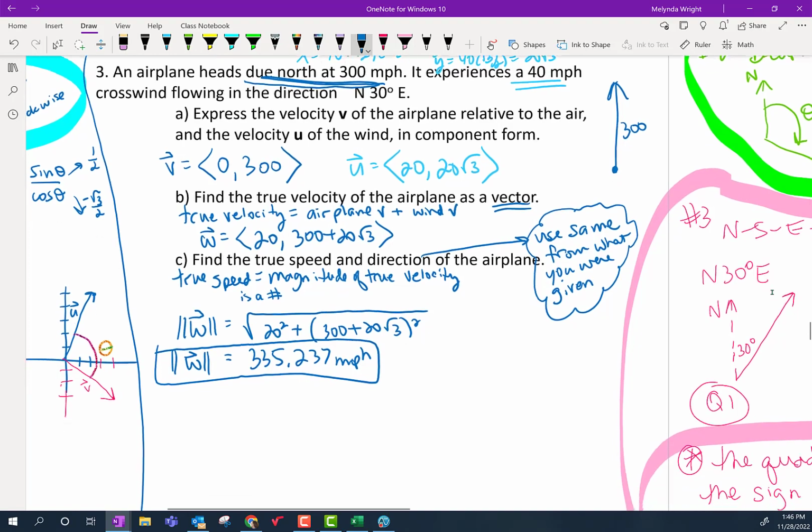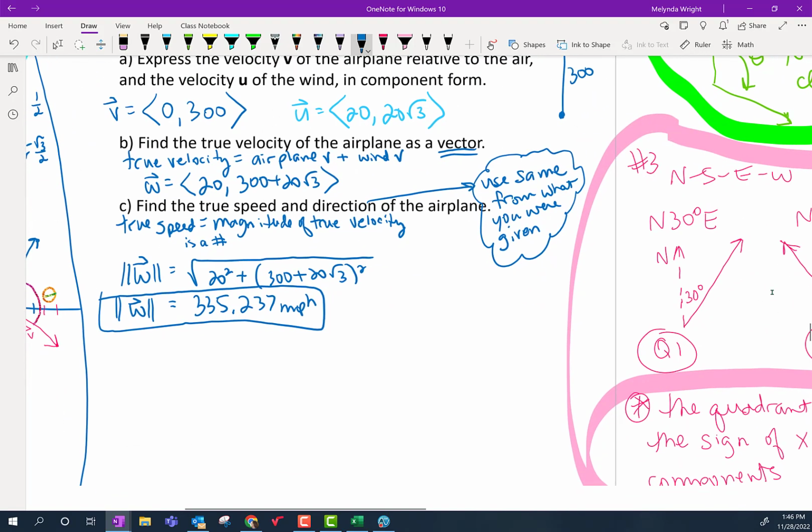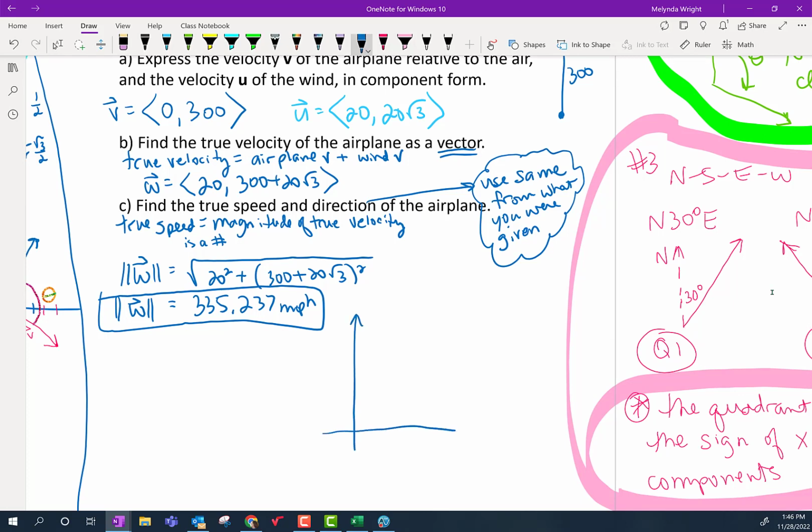So how do we find the true direction? I would tell you the very easiest way. Of course, I'm all about telling you the very easiest way. We're going to graph the true velocity vector. So x is 20 and y is 300 plus 20 root 3. So here's my vector right here. And my direction, what I want, is right here.